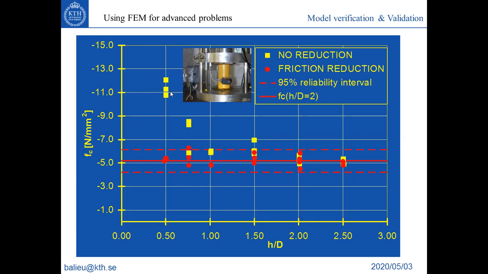That means the geometry of the specimen has an influence on the response. This is not a good material test, because you cannot deduce an intrinsic material parameter: when you change the geometry of the specimen, you also change this value. So what will you put in your finite element simulation, 11 or 5 megapascal for this peak stress?